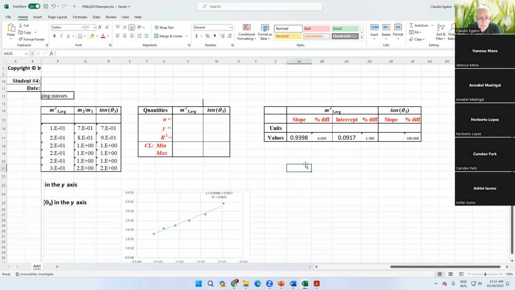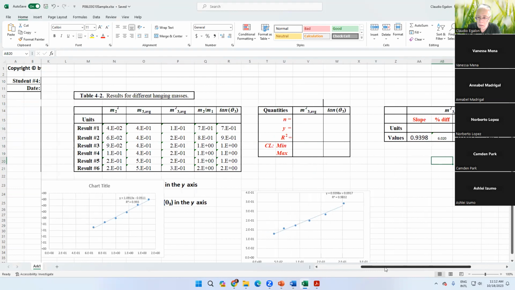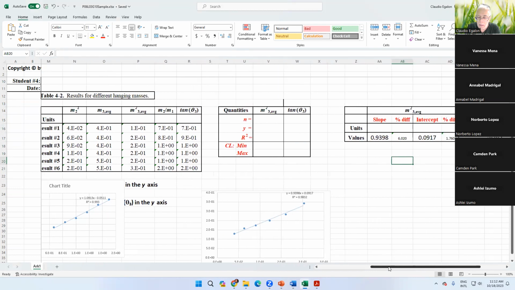Let me see. What do you want to know? Do you want to know how to find the percentage difference here, or you want to know the units? I guess both, because I was talking to one of my group teammates, and I realized that my value is kind of off compared to hers, and I know she did it right.